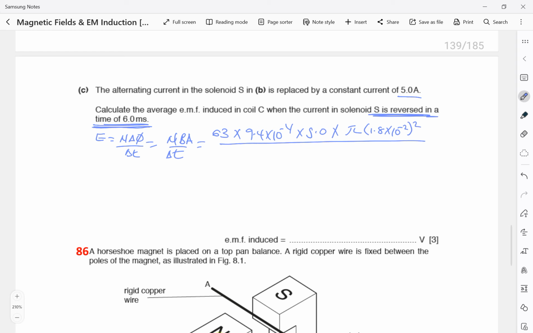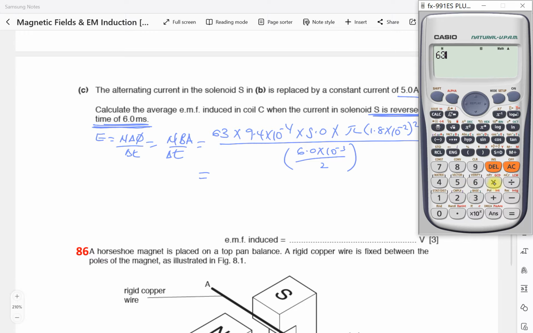So that is pi into 1.8 times 10 to the power of minus 2, squared. Then divide this by the time. Remember, I said the time is 6.0 times 10 to the power of minus 3, but this time should be divided by 2, because it is the time from one maximum, say positive maximum, through 0 to negative maximum, if the current is reversed. Okay, so this is the same as multiplying by 2.